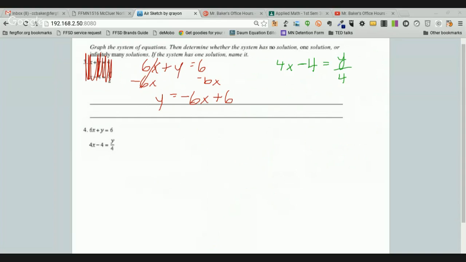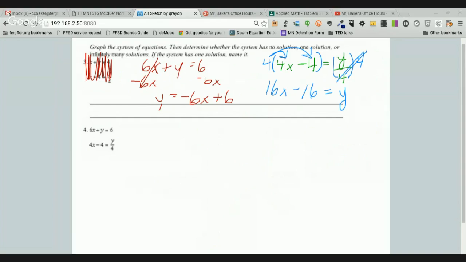I need to undo that division so I can multiply everything by 4. Over here it's going to cancel, and on the left side we'll distribute. 4 times 4 is 16. Ooh, this is gonna not be fun to graph. 16x minus 16 equals y.